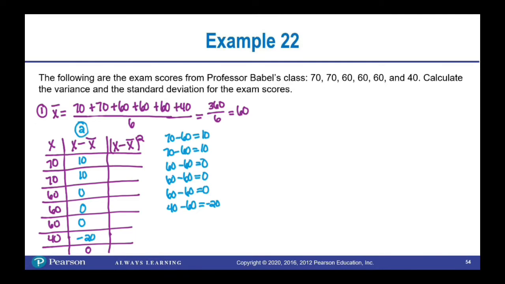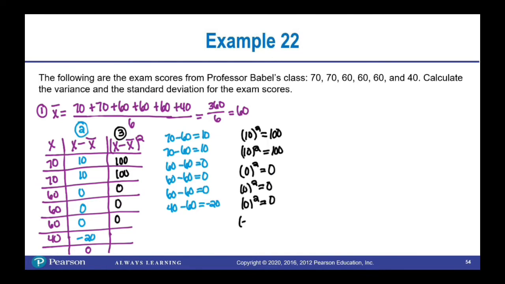My third step is to square each difference. That's my last column of my table. So 10 squared is 100. 10 squared is 100 again. 0 squared is 0, three times. And negative 20 squared is 400. The sum of that last column is 600, and that's my fourth step.